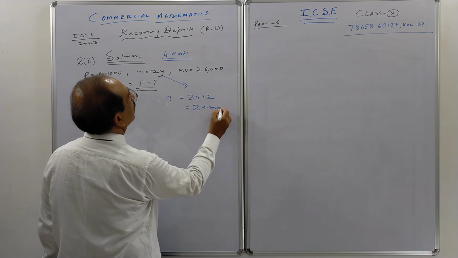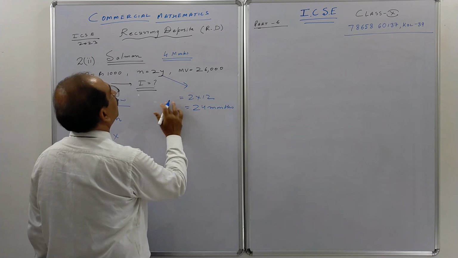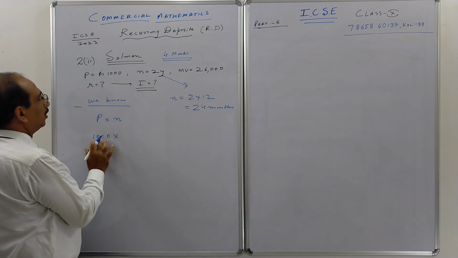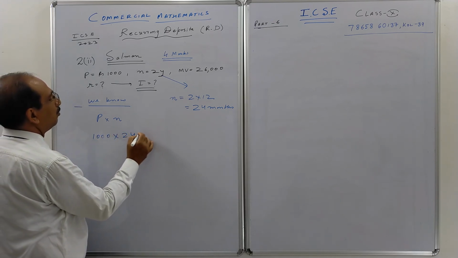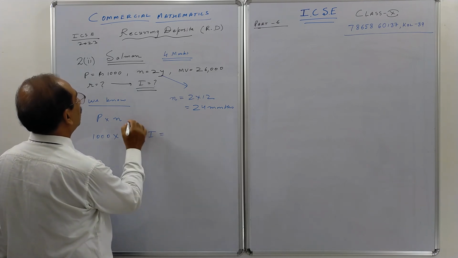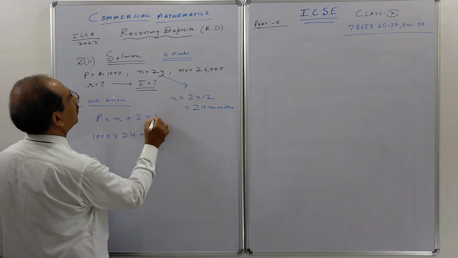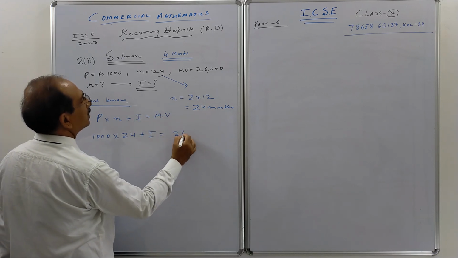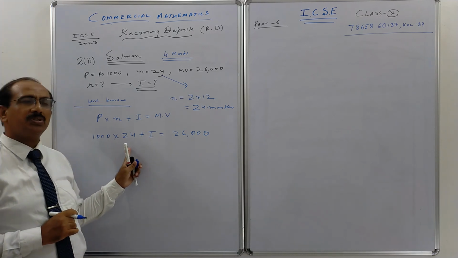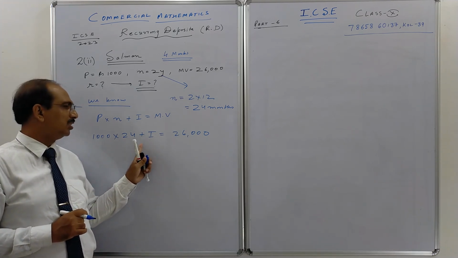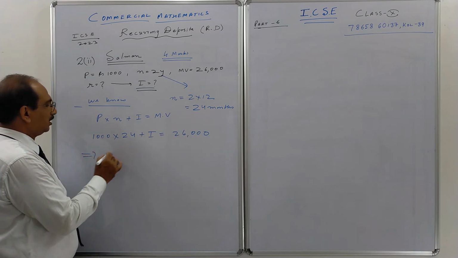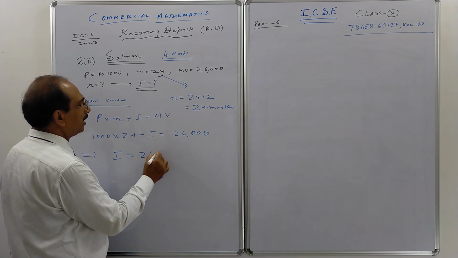Remember, 2 years is 24 months. So he puts 1000 rupees for 24 months, and the bank gives him a maturity value of 26,000. Mentally, he puts 24,000 and the bank gives him 26,000, which means the interest paid by the bank is 2000.